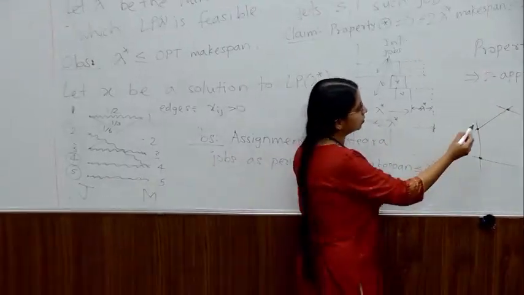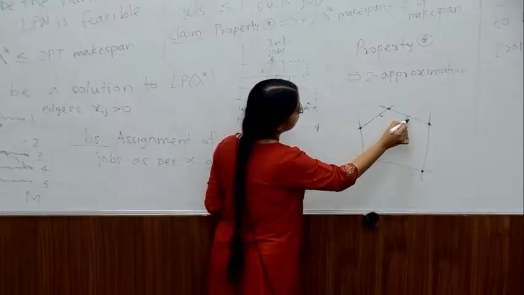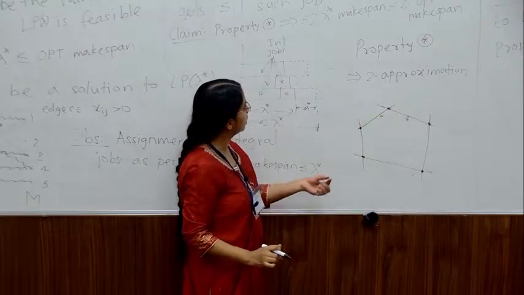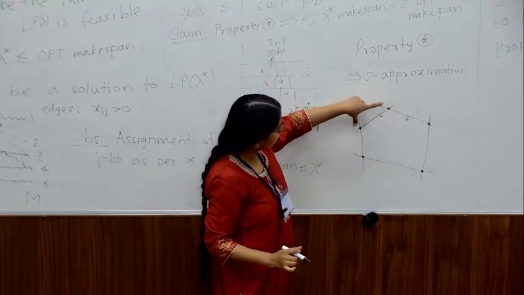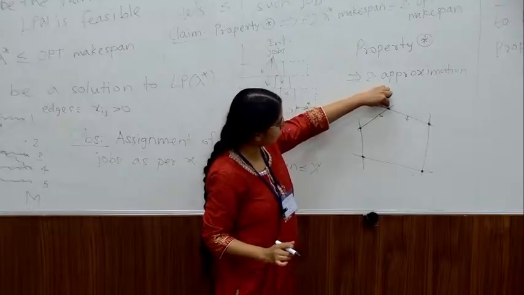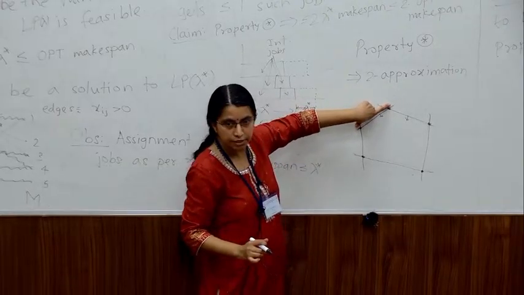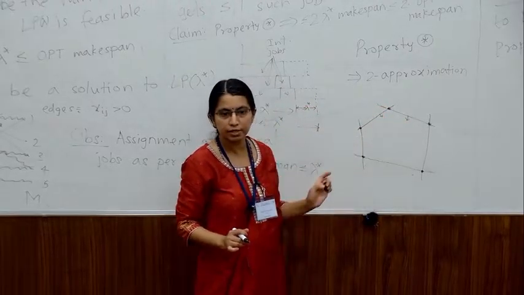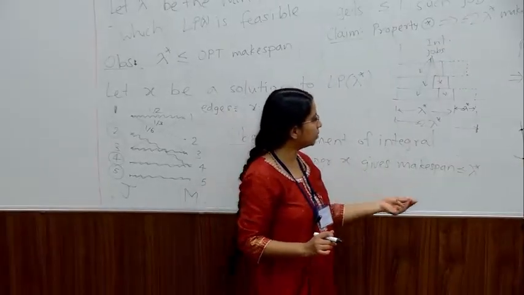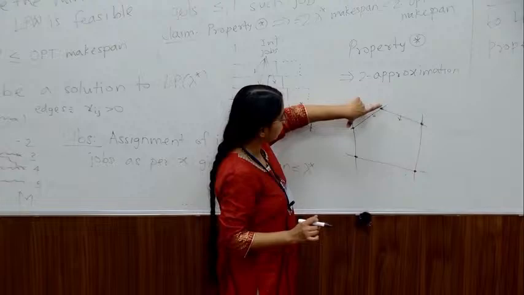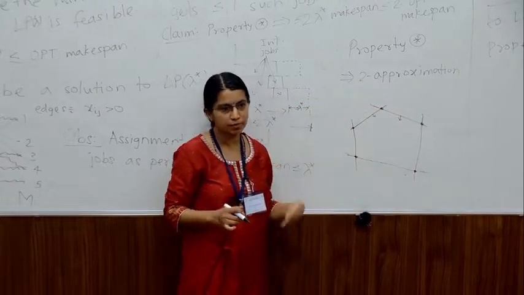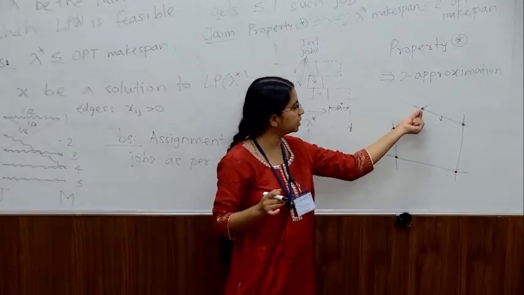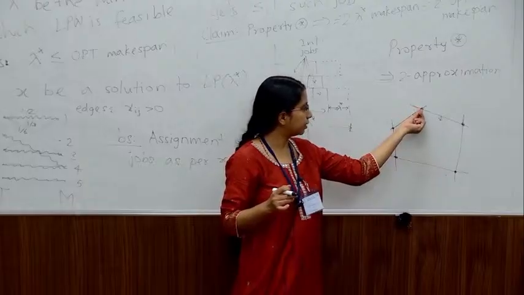For example, this is a constraint and this is another constraint, and this vertex is formed by the intersection of the corresponding constraints. So what is the property of this vertex? That when we look at this particular solution, this constraint should be satisfied with equality because this point lies on this line. Similarly, this constraint should be satisfied with equality. So this is in 2 dimensions, that a vertex or a corner is defined by intersection of 2 constraints. In general, if you look at some r dimensions, you will need r many constraints to be tight or to have equality at a particular vertex.